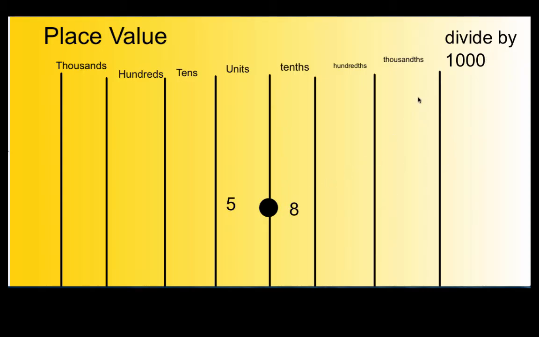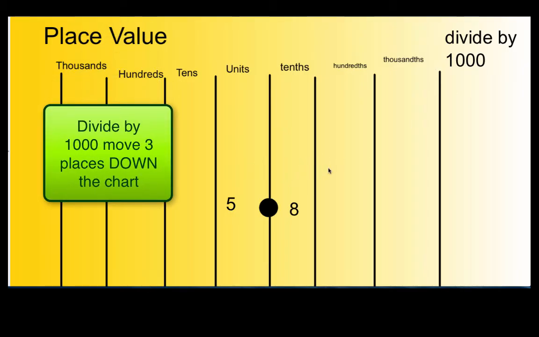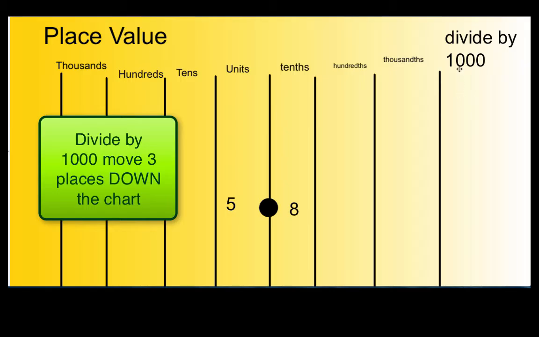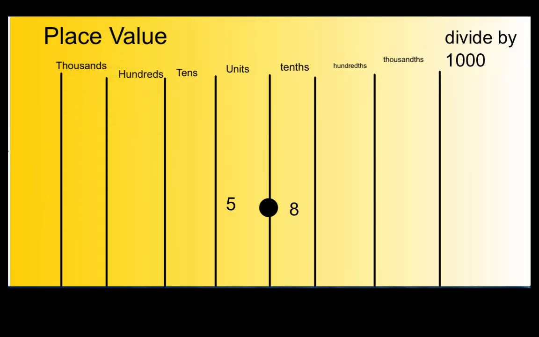So if we're dividing by 1,000, well guys, again we're moving down the place value chart. And how many zeros are there? 1, 2, 3. So we're moving down 3 times. So the 8 goes 1, 2, 3. The 5 goes 1, 2, 3.